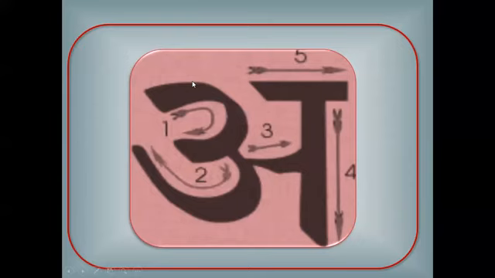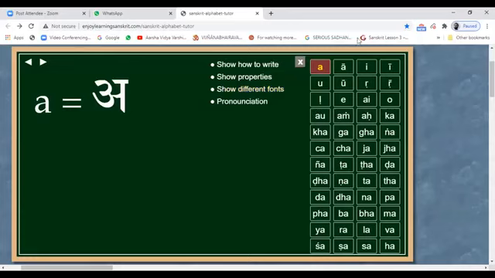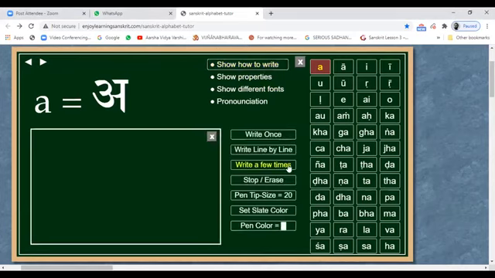And I can show you another one where it is written neatly. I can share with you how to write this letter. Can you see the screen? A is equal to A. Can you see that? Yes, Maharaj. Now, how to write, I will show you. Write a few times.